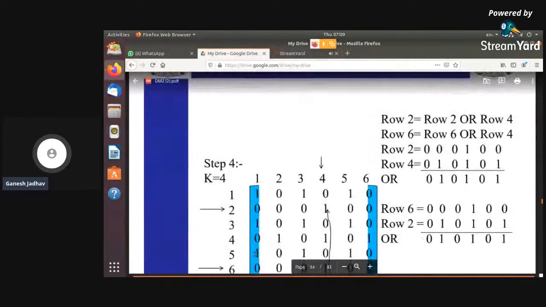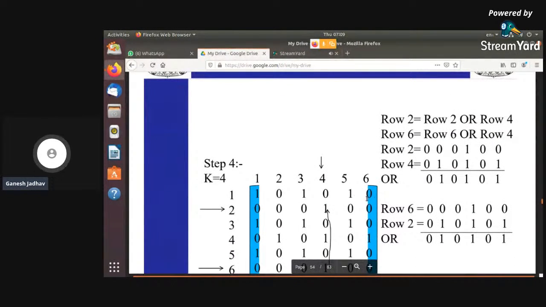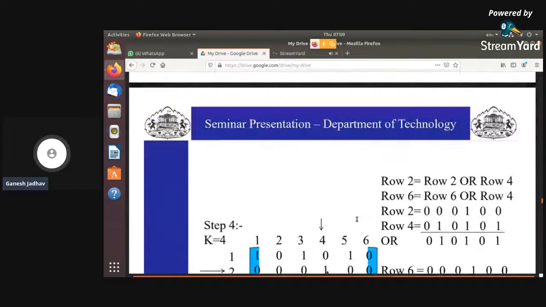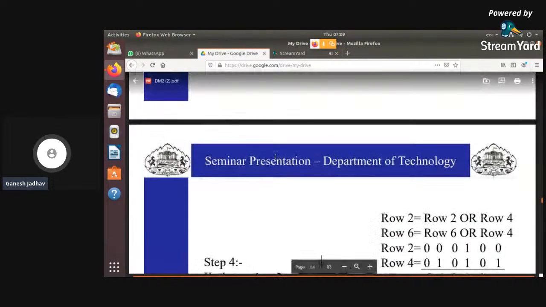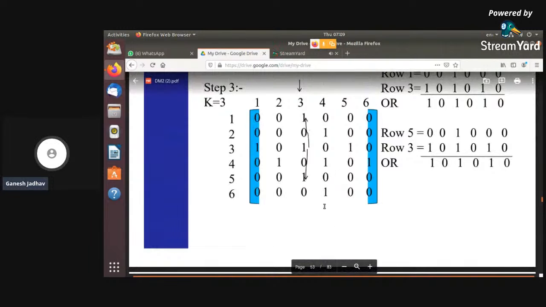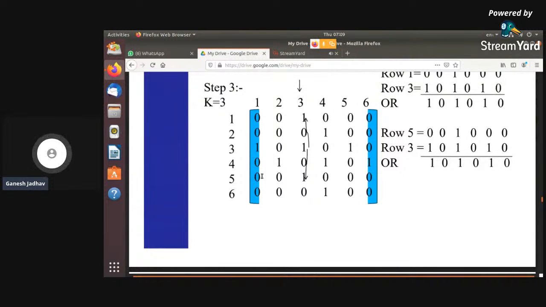Here is 101010, and the fifth row will also be 101010. And write all the other rows as per your above matrix.